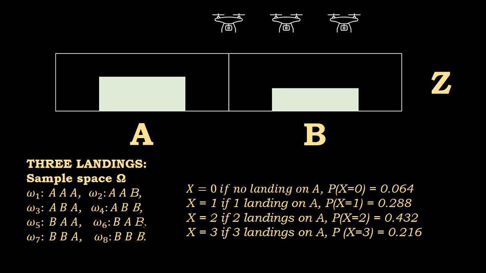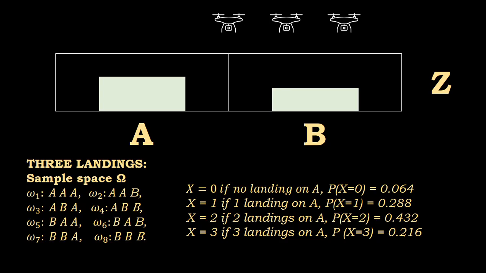But multiplication takes different orders, so there's no problem. And the same for omega 7: 0.4 times 0.4 times 0.6. So basically we have to calculate the probability of the sample space omega 4 and multiply by 3, and that gives us 0.288.